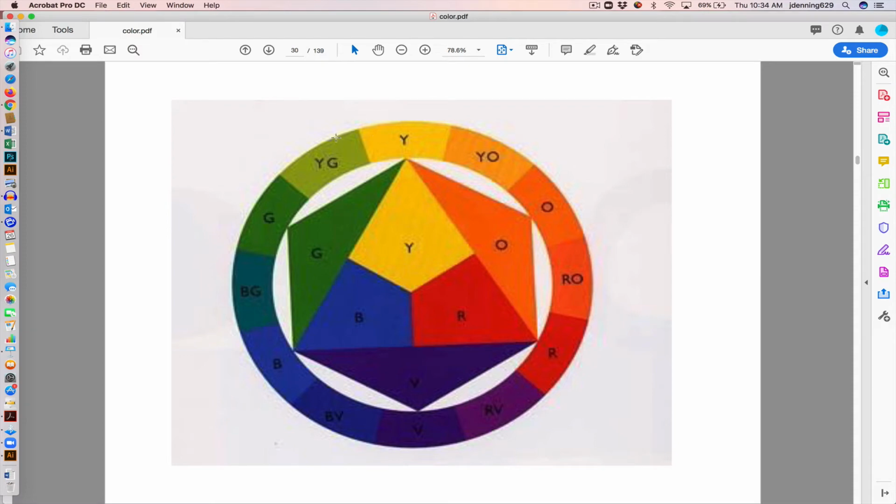And then you have analogous, which is where you have colors that are really close to each other on the color wheel. So maybe yellow and green or yellow and orange would be analogous. And then you have complementary, which are colors that are opposite each other on the color wheel. In this case, yellow and violet would be complementary because they're completely opposite each other on this wheel.